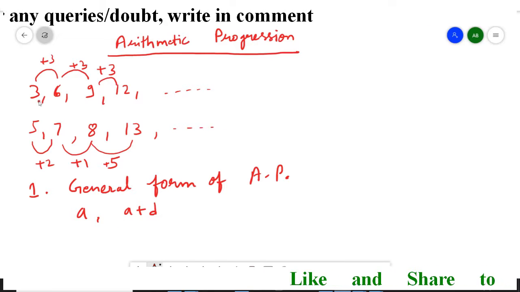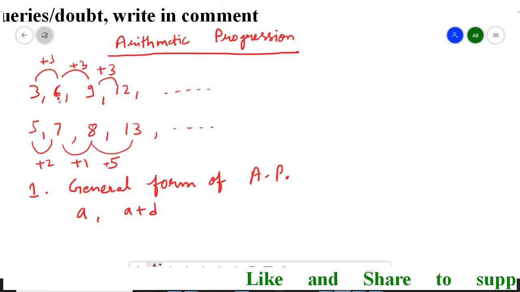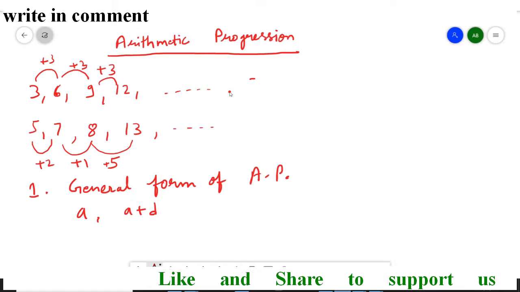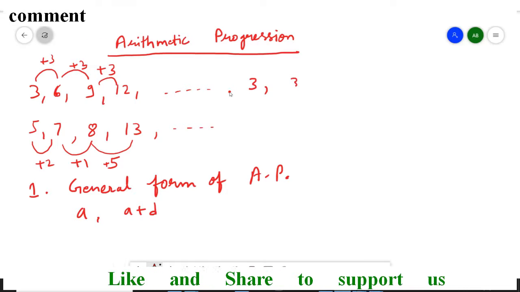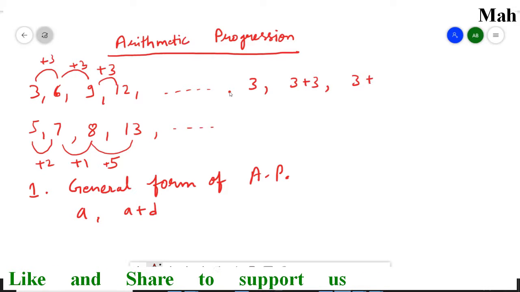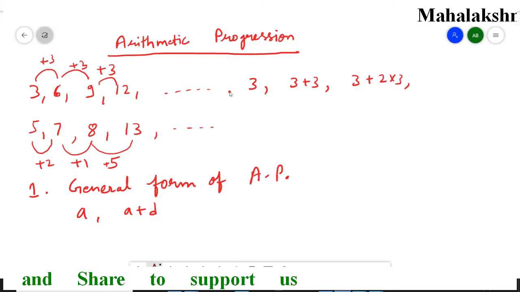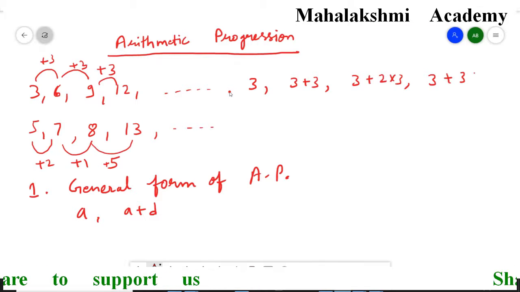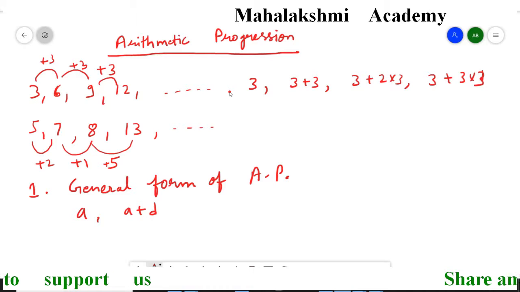Like here the first term is 3, and then 6 we can write as 3 plus 3, and 9 we can write as 3 plus 2 into 3, and in the same way 12 we can write as 3 plus 3 into 3.